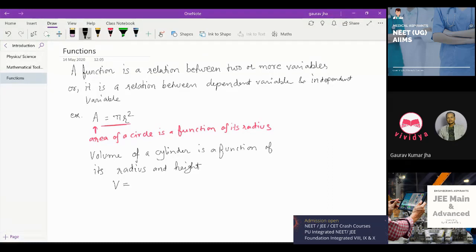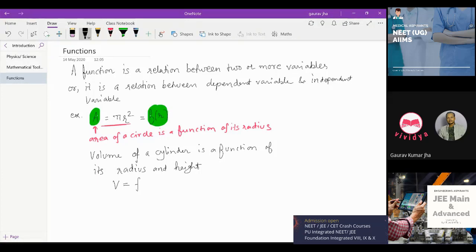Now look at the representation. Sometimes you don't know the relation. So we say that it's a function of radius. It's a symbol that we use to denote area is a function of radius. If you know the value, just write the value of the function is pi r square. If you don't know the value, just start with this simple idea, that area is a function of radius. f in the argument r is a common notation, don't worry about it.